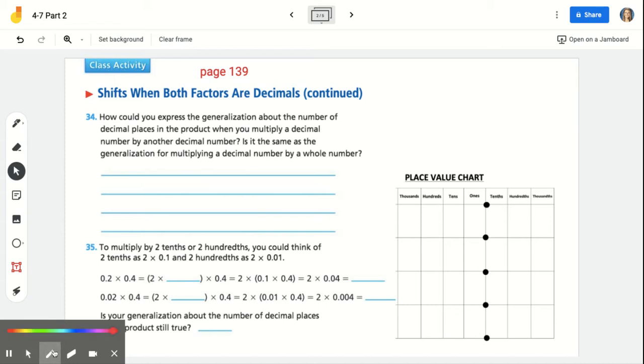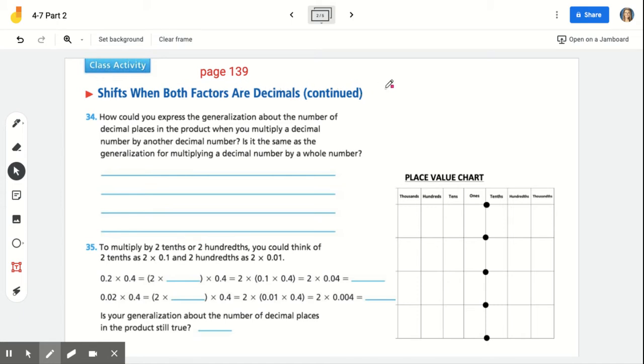And the first thing that we're going to do on page 139, there's a little bit of space in your book off to the side at the very top. I'm going to review with you what the pattern is that we have been looking at for the last two lessons. And it occurs when, again, we have one factor or both factors having decimals.